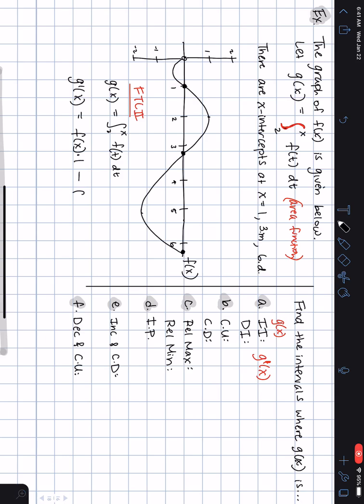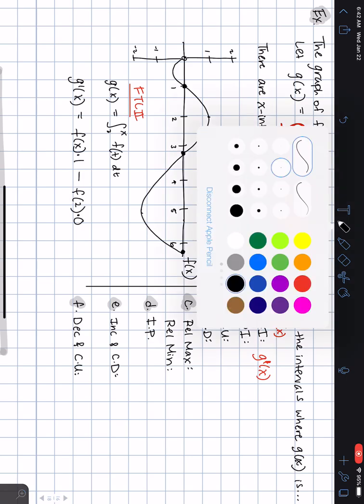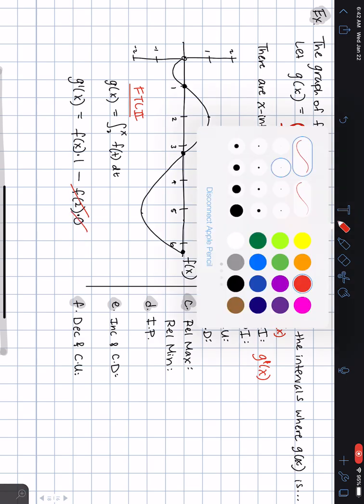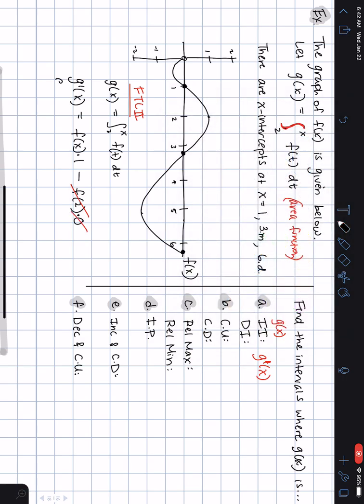Minus, we're plugging in the 2 next, times 0. Oh, but we discussed this before. When we're plugging in a constant, that just becomes 0. So g prime of x is just f of x. Oh my god. The derivative of our integral function right here is actually just this curve.